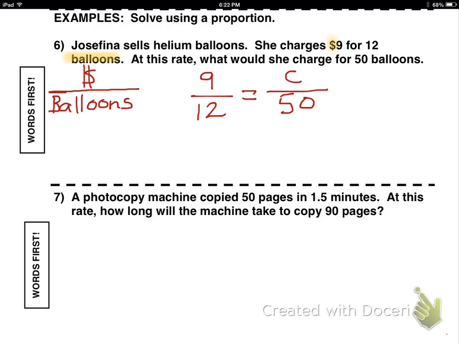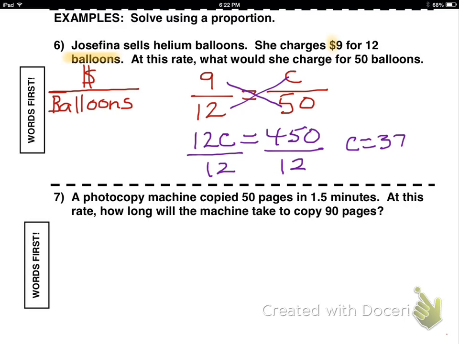So to solve this proportion, we will cross multiply 12 times C, which will then equal 9 times 50, or 450. Then we will divide by 12, and we get C, or the amount that she charges, is $37.50 for 50 balloons.